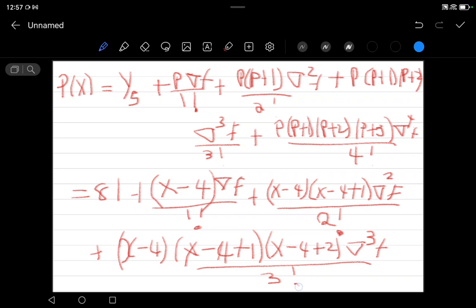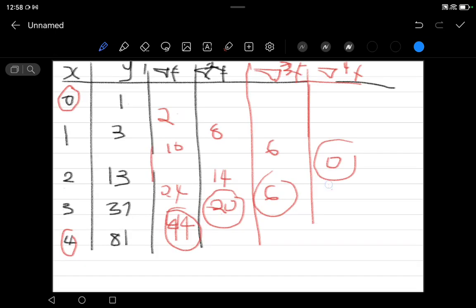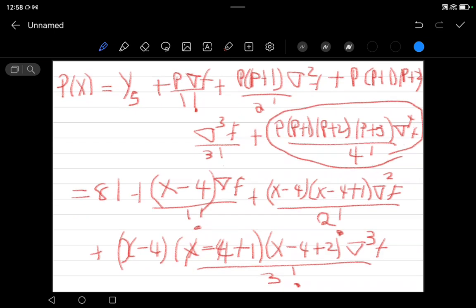Remember, the backward change in f to the power 4 is 0, so it's going to make everything equal to 0. You get it? When we multiply this equation by 0, it's going to give us 0. We won't write it, so it's going to be 0 here.